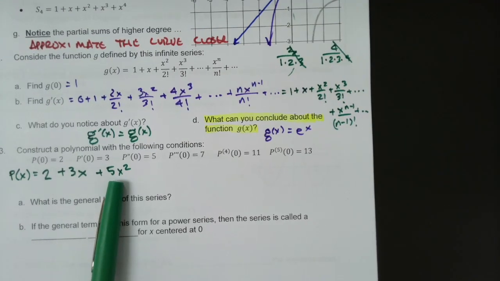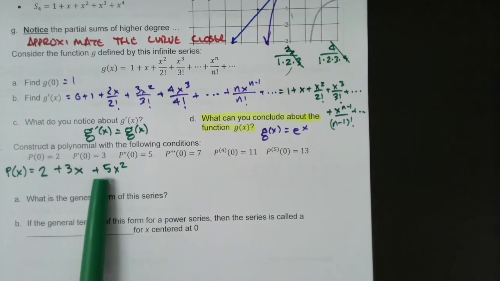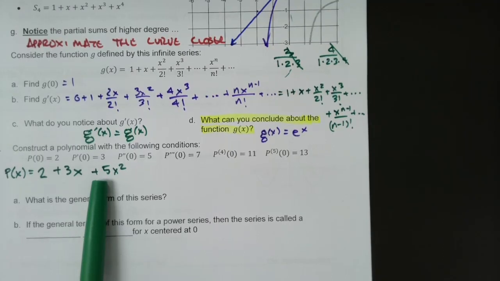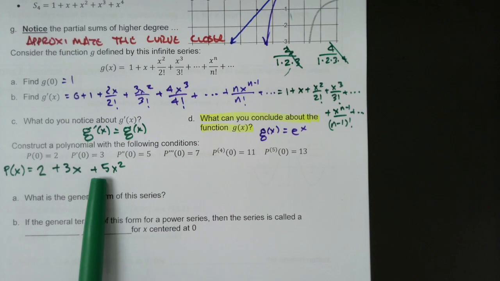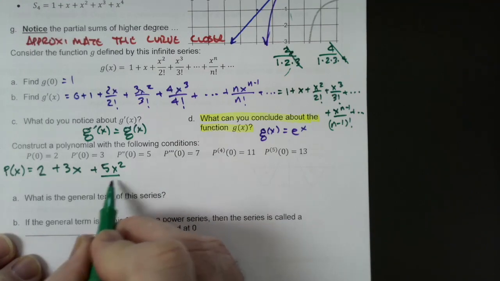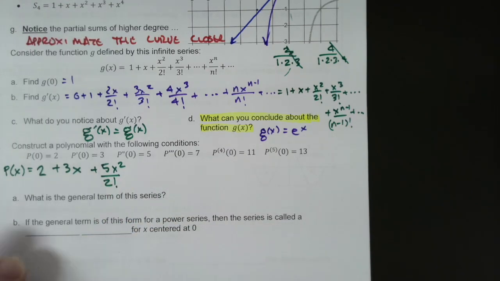Which means the second derivative is going to be, as I've written it here, not 5, but 10, which means I should have what in the denominator? 2. Would you mind if I put it as 2 with the little factorial behind it? Okay, and that's still going to be 2.